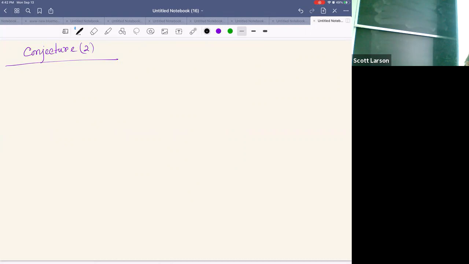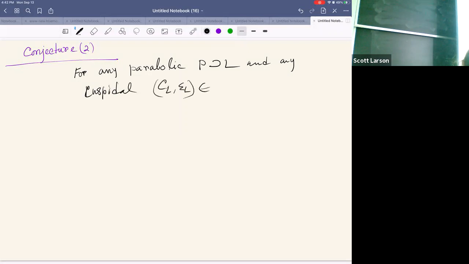It says that for any parabolic P with a Levi L and any cuspidal pair (C_L, E_L) in the Levi, the induction of the IC is parity.